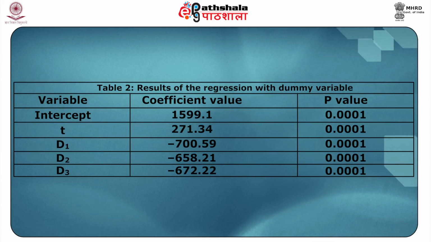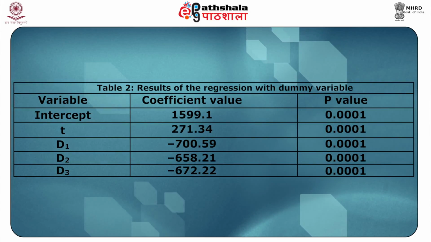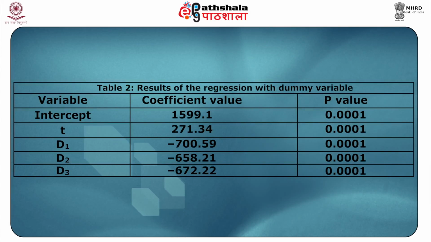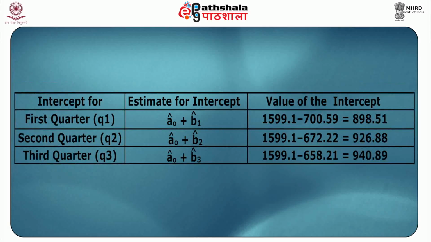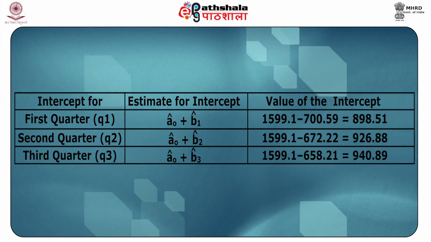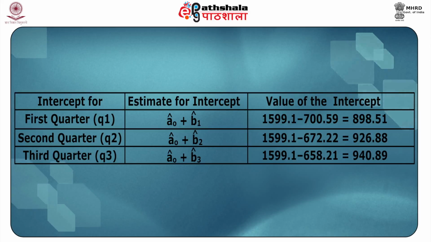For D3, the coefficient value is minus 672.22 and again the p-value is 0.0001. The results clearly show a positive and significant trend in sales as A hat 1 is greater than 0.